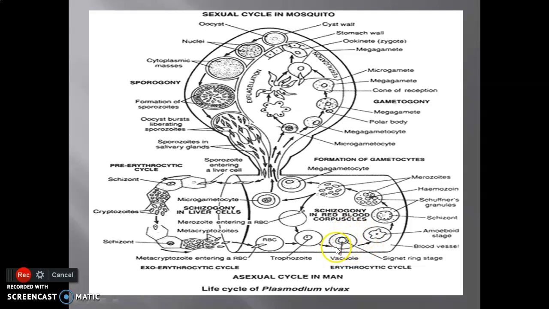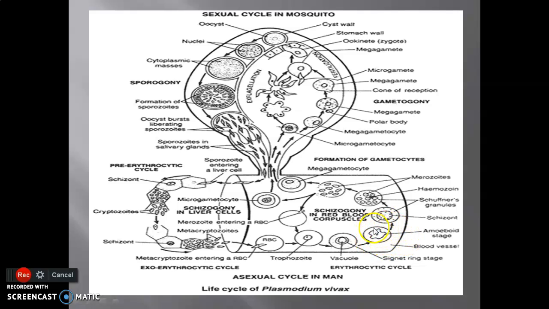Now this formed stage undergoes changes. It forms a shapeless type of structure, amoeba type of structure in the red blood corpuscle, and a stage is called as amoeboid stage.